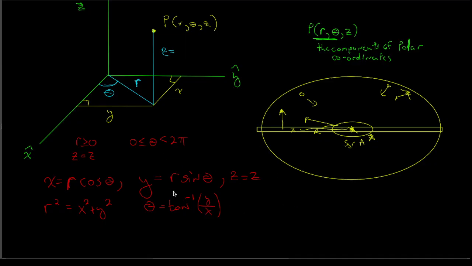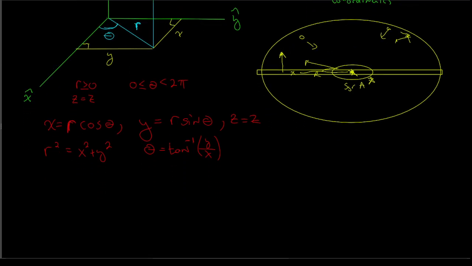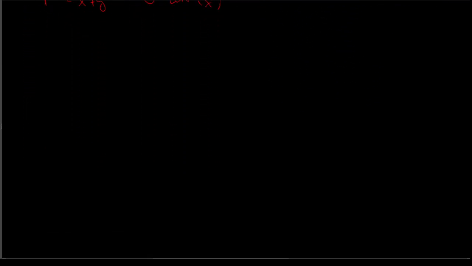So we have ways of moving from rectilinear into cylindrical coordinates across. What we want to do is be able to integrate within this system.